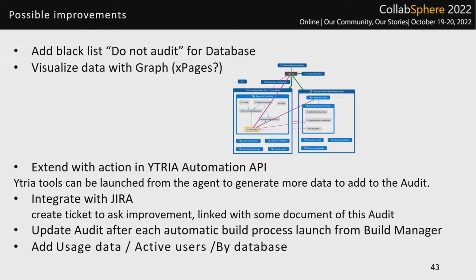And at the very end, we would like to add a usage database so we can mix the knowledge of which database is complex with which database has big usage, so we are able to know if the modification we want to do on one database is very useful, if there is any user who will be using this new feature.